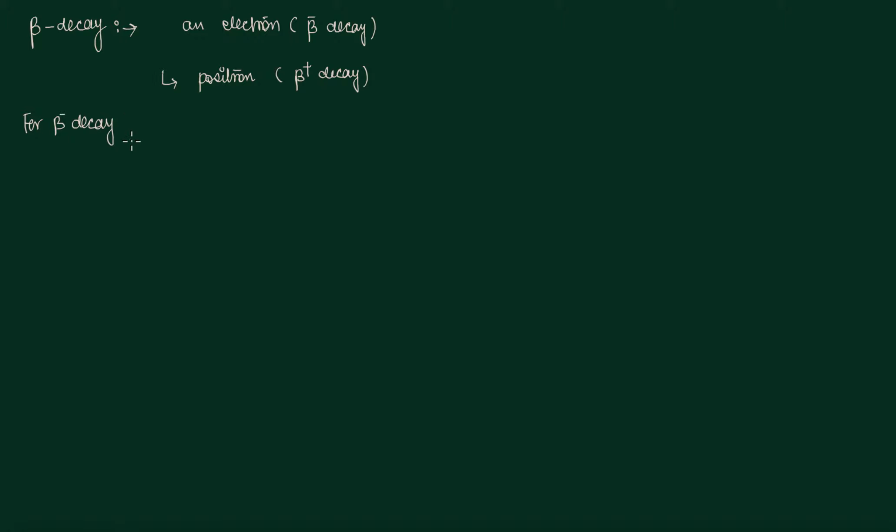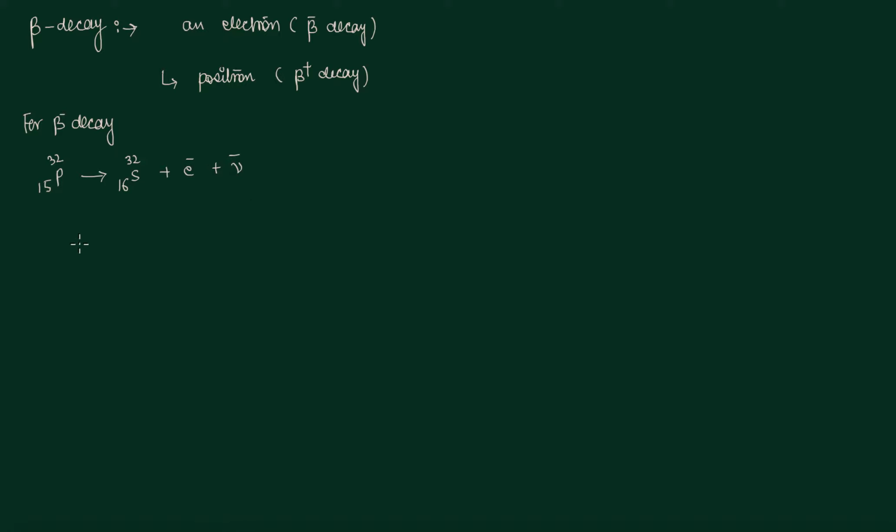So this is phosphorus-32, with atomic number 15. Now it will decay to sulfur-32, with atomic number 16, plus an electron and an antineutrino.